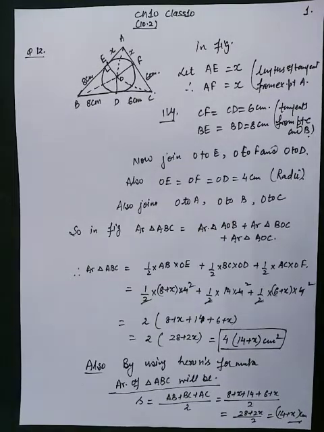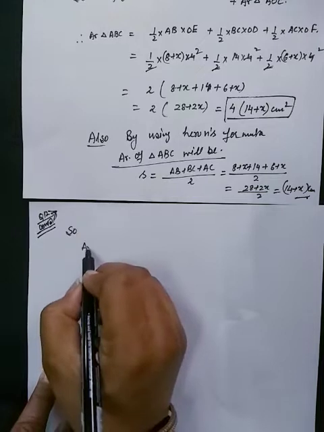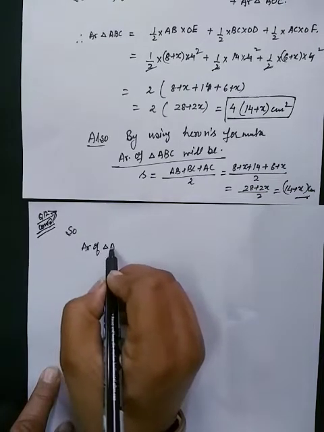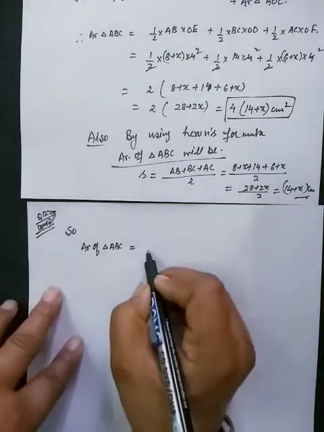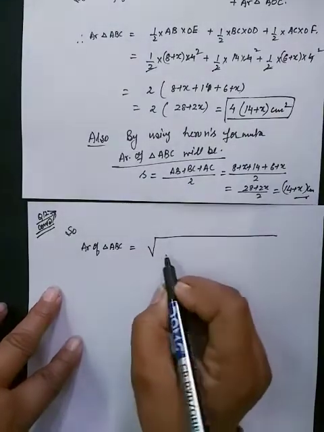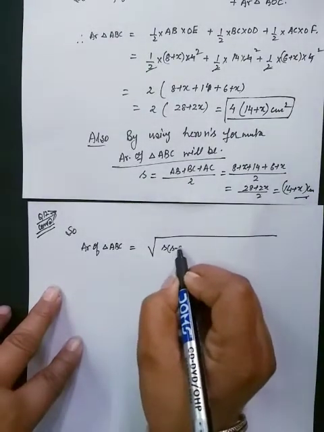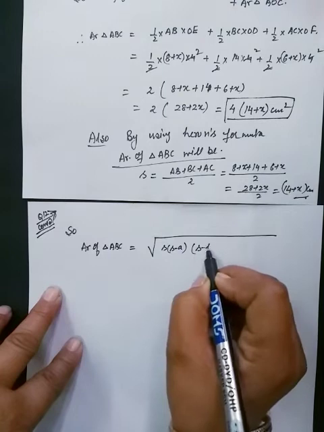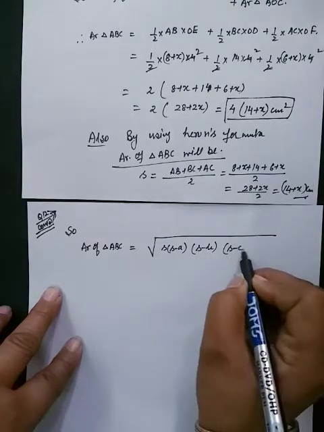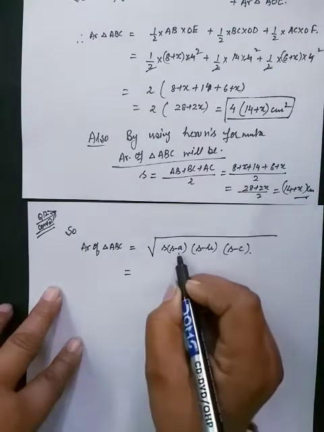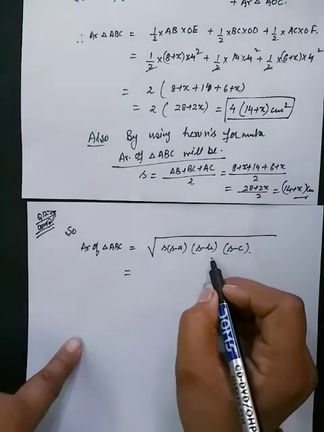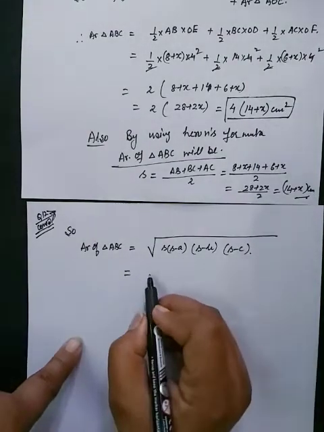Now we will apply the formula to find the area. So area of triangle ABC will be equal to the square root of S into S minus A into S minus B into S minus C. Here A is the first side, B is the second side and C is the third side.